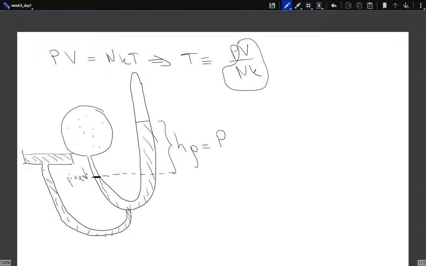Now, of course, you have to define some scales, some numbers to determine that overall coefficient. There are a couple of scales that we actually use. Let's say the water freezes at this level, and it boils at this level.